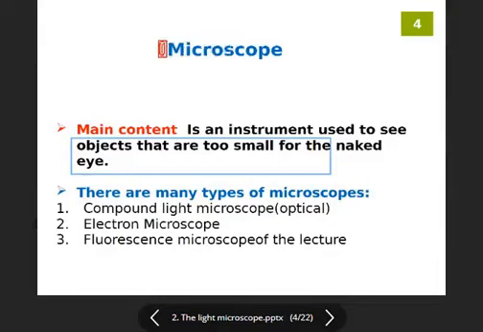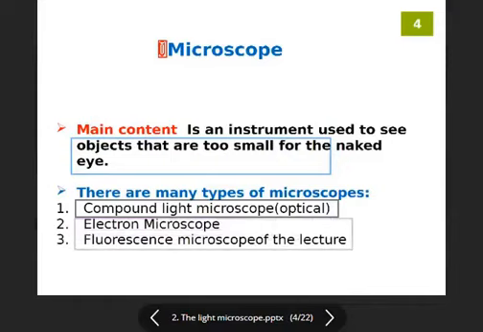There are three main types of microscope we have. Number one is the compound light microscope. Other types are the electron microscope and the fluorescent microscope.